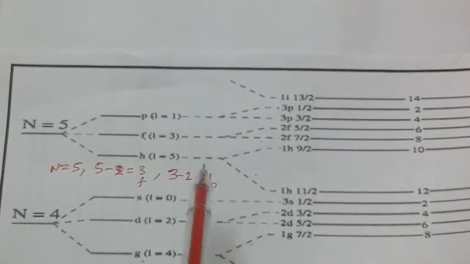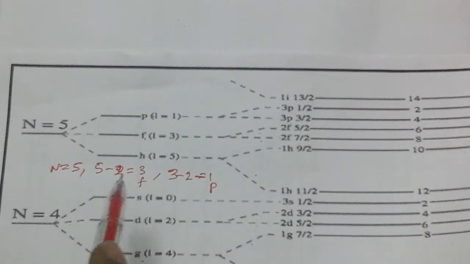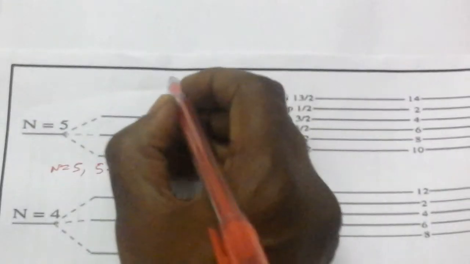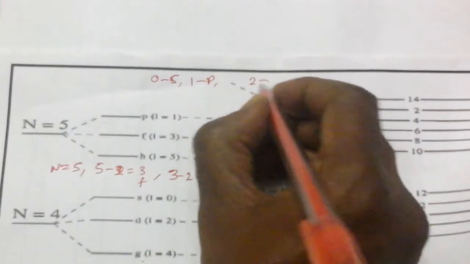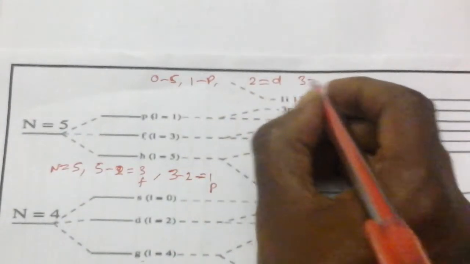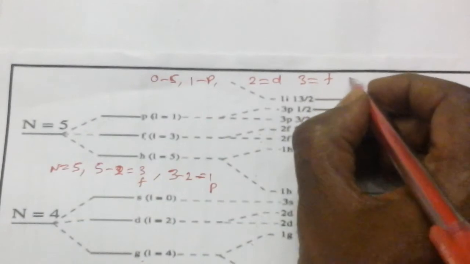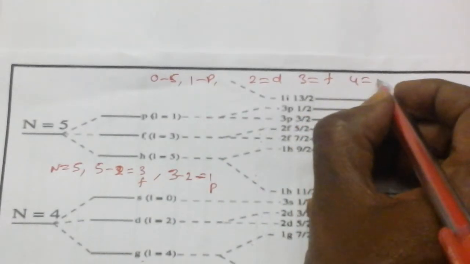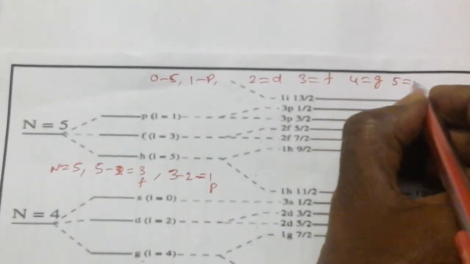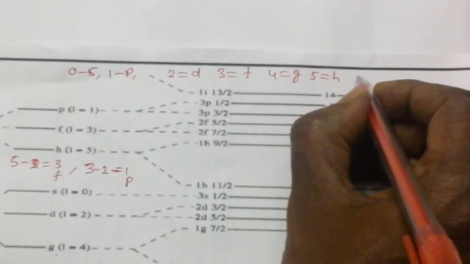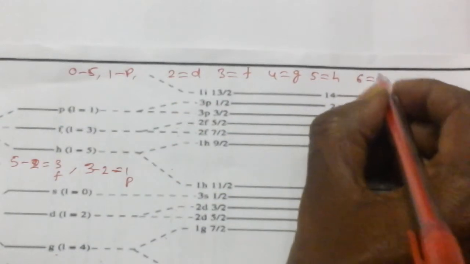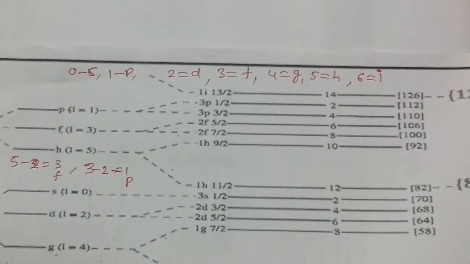So here you have to understand, 0 means S, 1 means P, 2 means D, 3 means F, 4 means G, 5 means H, 6 means I. Like this you have to get it.